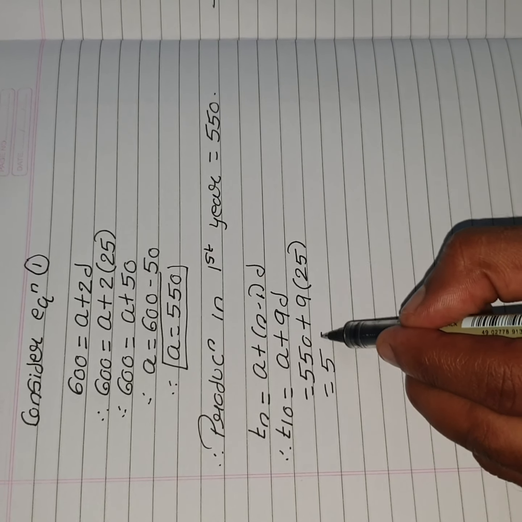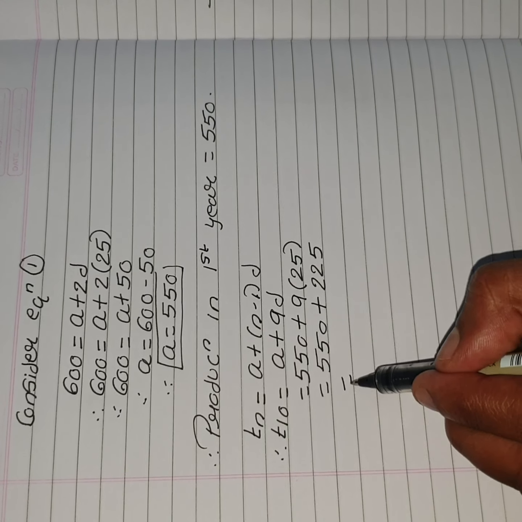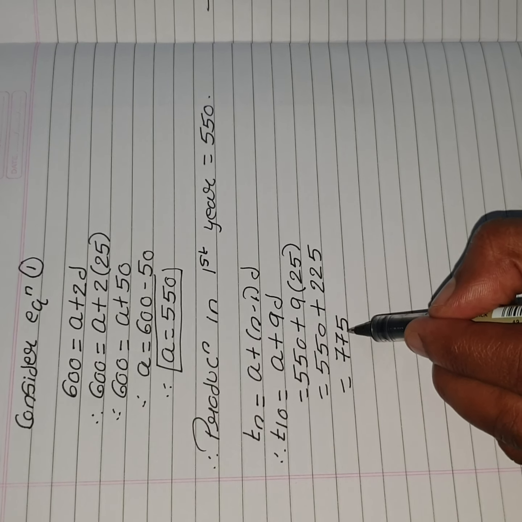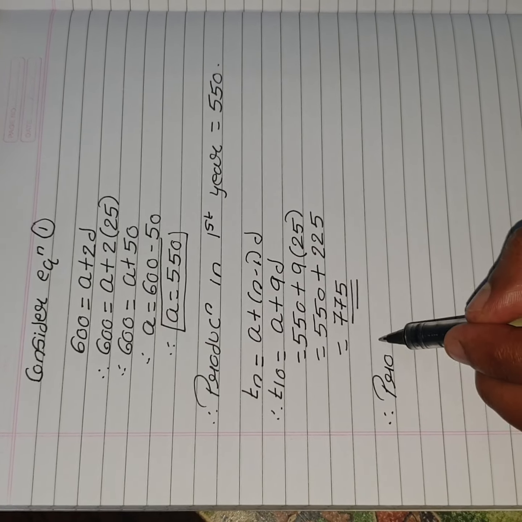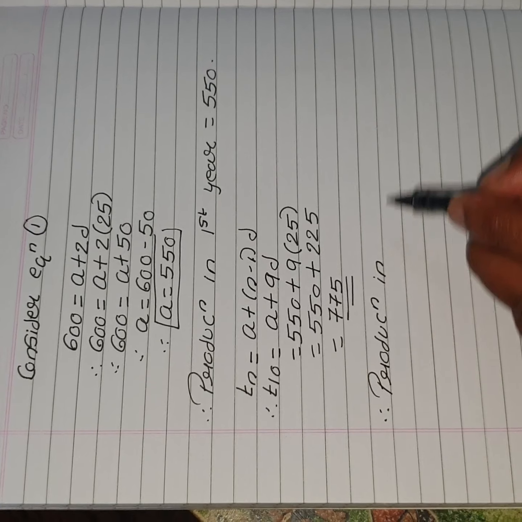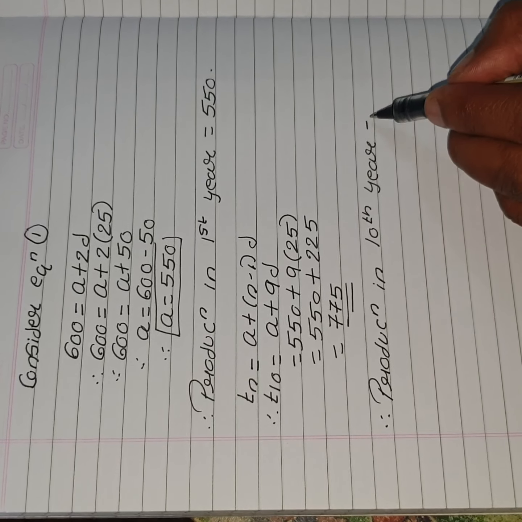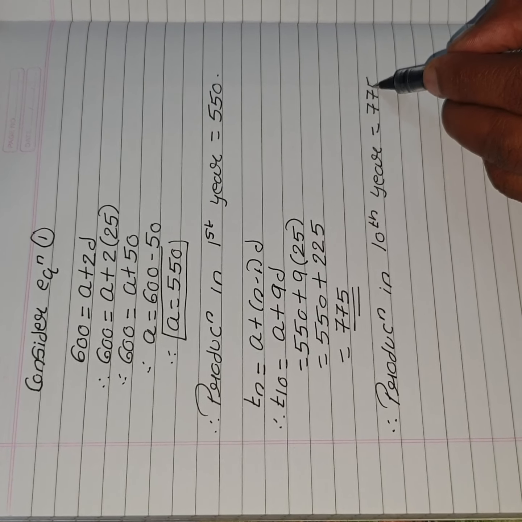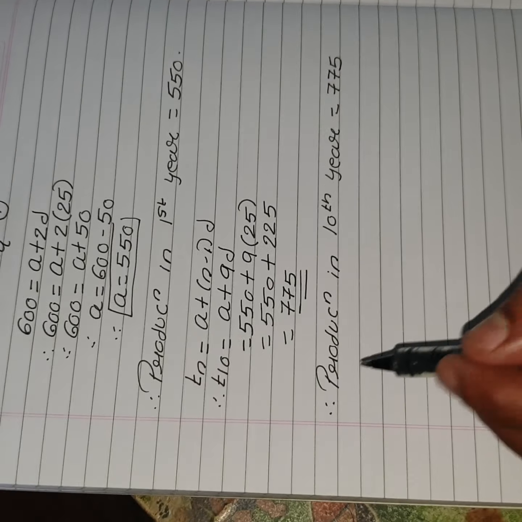That is equal to 550 plus 25 nines are 225. So your answer is 775. So we can say that therefore production in 10th year is equal to 775.